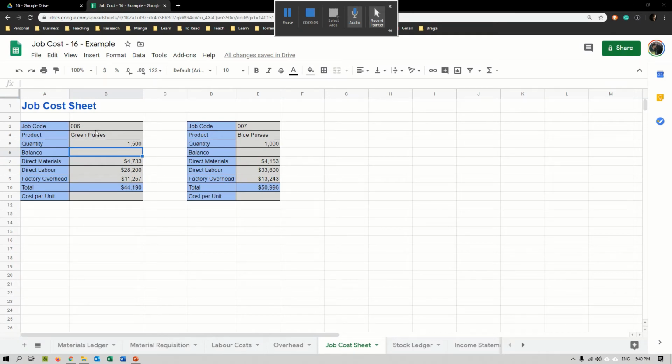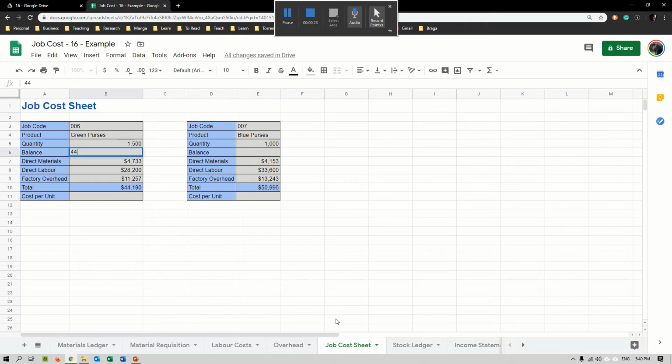Now let's assume that job 006 is not done this month, but job 007 is complete. For now I'm just going to work on this one over here, and then later I'm going to show you the process for the completed job. For the incomplete job, at the end of the month we have to transfer our total to our balance.